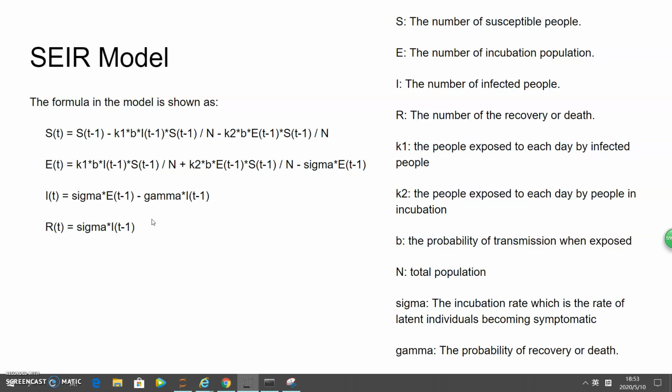The third formula is I_t equals sigma times E_{t-1} minus gamma times I_{t-1}.